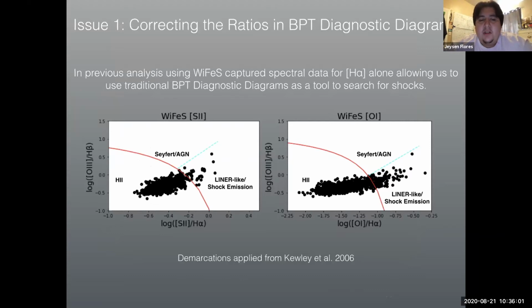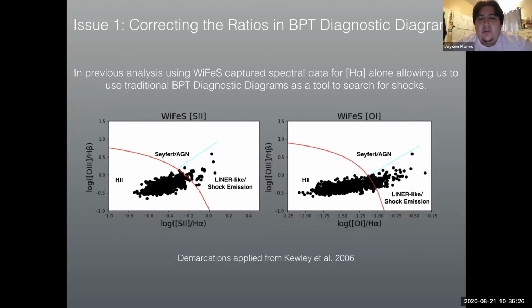Previously, when we analyzed the wide field spectrograph data, we plotted the log ratio of O3 and H beta versus the log ratio of sulfur 2 and H alpha. We also plotted the log of oxygen 1 over H alpha on the x-axis.